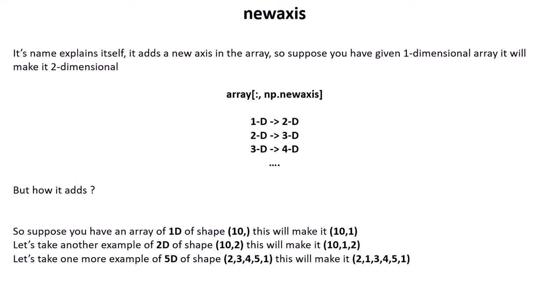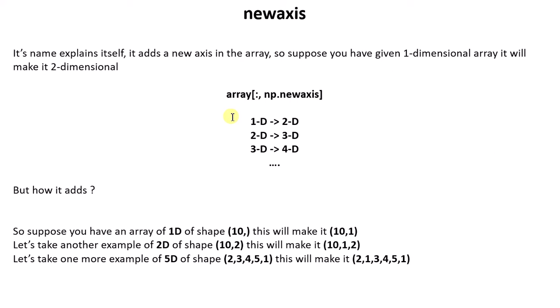When you are using np.newaxis, you will be providing one colon and then comma, then np.newaxis or numpy.newaxis. Where you're seeing colon, it is simply slicing this existing array. Suppose you have a one-dimensional array of shape 10.